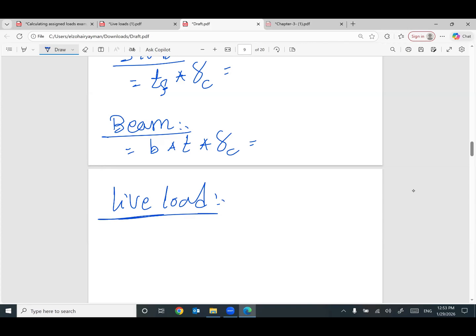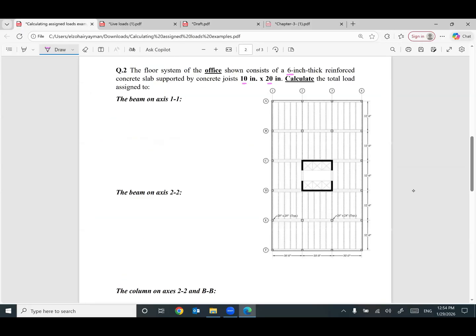No need to do any calculations, just the value of the live load LL on the floor, and your floor is office, so I can open my table. I need to answer these three calculations first before moving forward to what is exactly required in the problem.